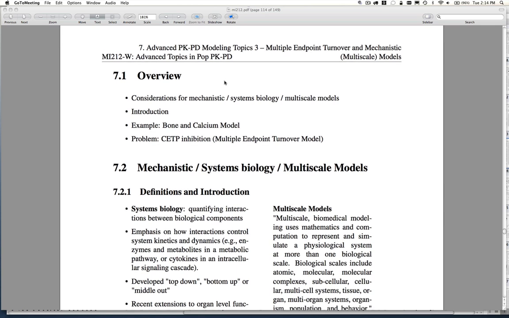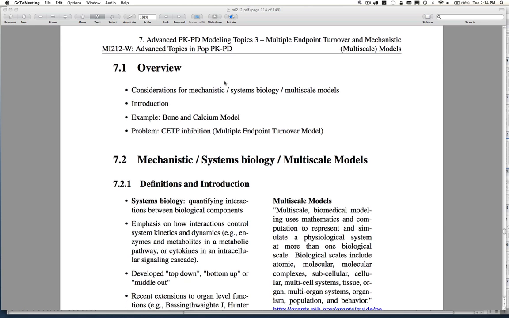There are a lot of terms that are typically thrown around when we talk about these models. We talk about mechanistic models. You hear a lot about systems biology models now and multiscale models. So what I'd like to do is spend a few minutes to pull those all together to show you, at least in my view, they're all one and the same.